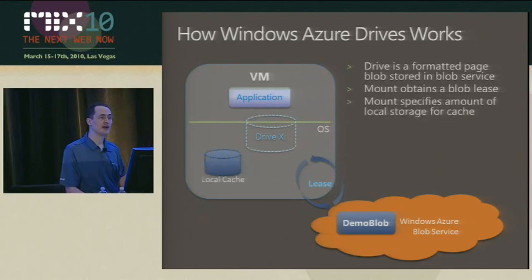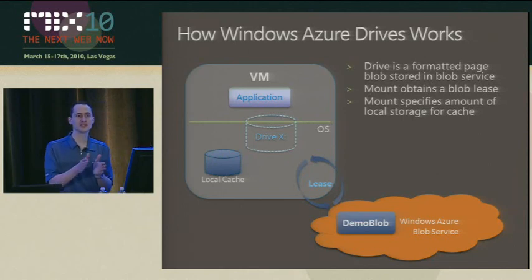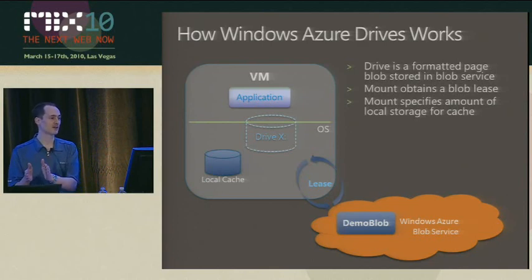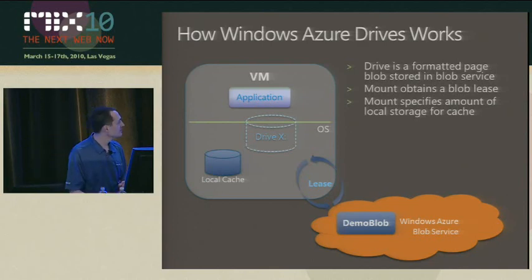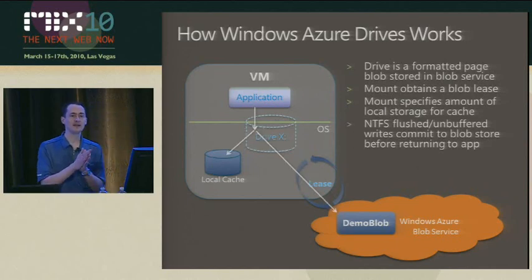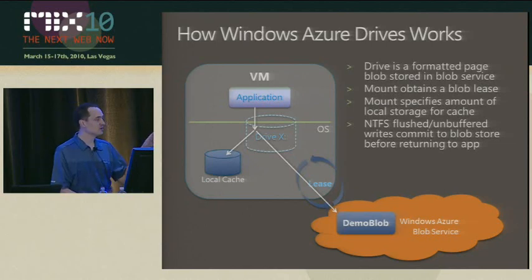In addition, when you do a mount, you also specify how much local disk space on that machine you want to set aside as a cache for the drive contents. So how does this work? When you do writes, all NTFS flushed and unbuffered writes go to the page blob, they're committed there, and then success is returned to the application. If the data is in the local cache, the cache will also be updated at that point.